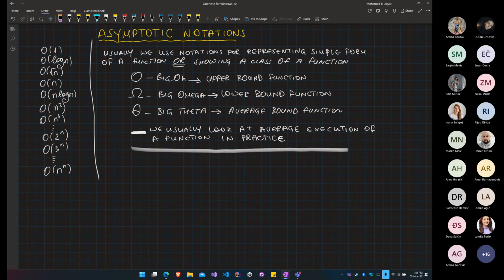Even in some books, in order not to confuse people, they write the polynomial order with a dash in the middle, so as not to confuse it with the big O, because the polynomial order and the big O asymptotic notation have the same letter, and everybody confuses it for that specific reason.